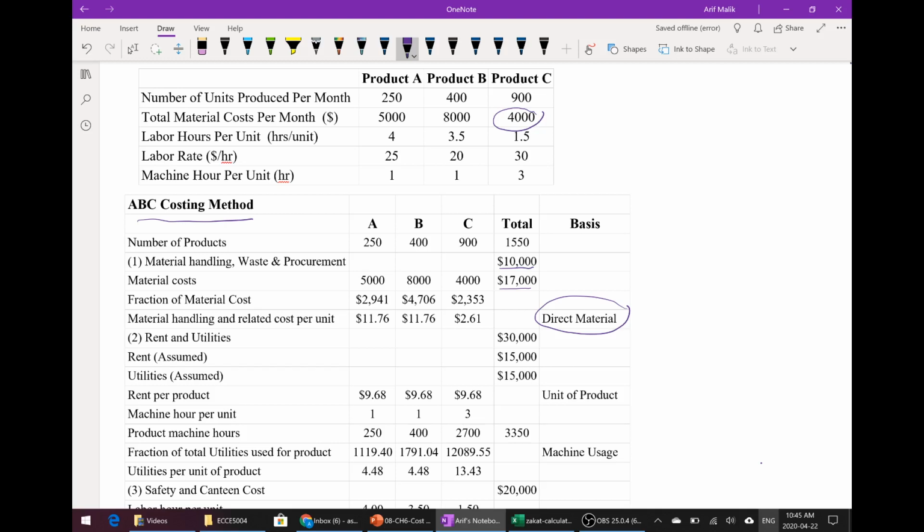Now the fraction of material cost is applied to the 10,000.